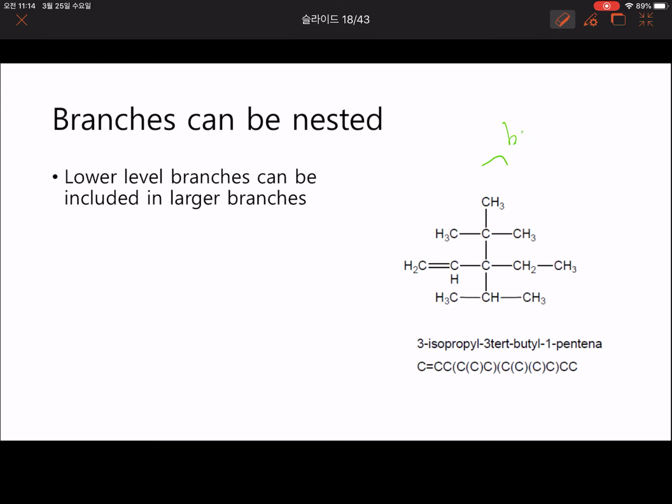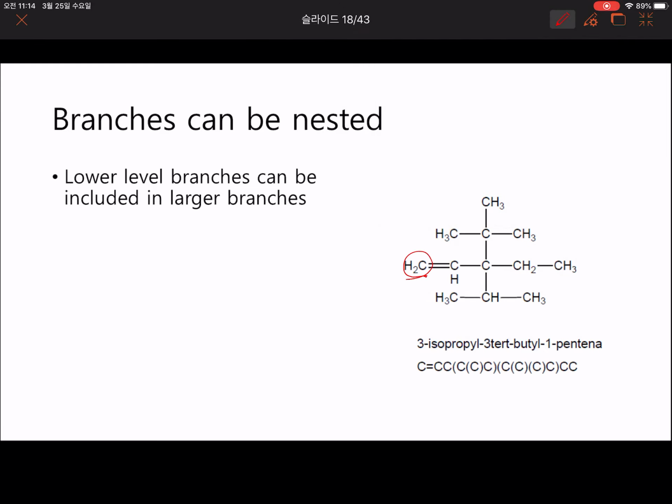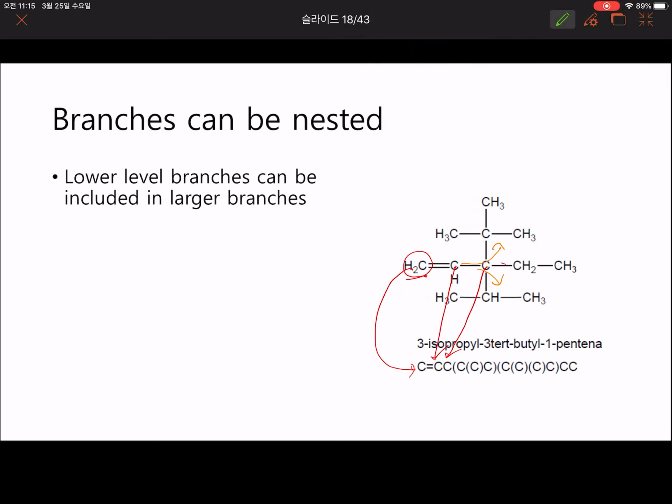Then this C corresponds to here, this one corresponds to here, this one corresponds to here. Oh, then we have branches. Actually, this carbon has two branches. I mean, one goes to here, one goes to here, right? And then let's go to the bottom first.